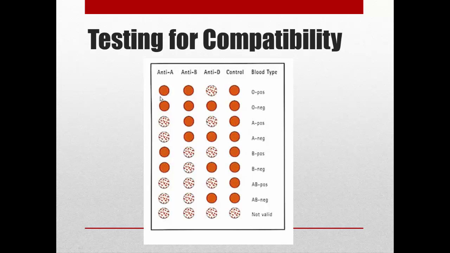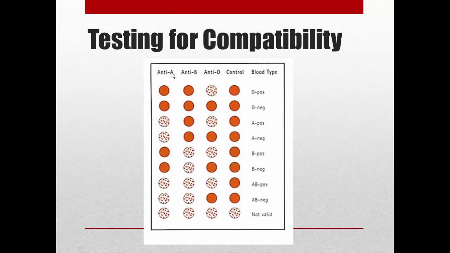So let's take, for example, the top card here. This is one person's blood. So we have 3 drops, ignoring the control. This drop has anti-A serum with that blood. Here's anti-B serum, anti-D or Rh. So when I mix this person's blood with A antibodies, there's no clumping. When I mix their blood with B antibodies, there's no clumping.